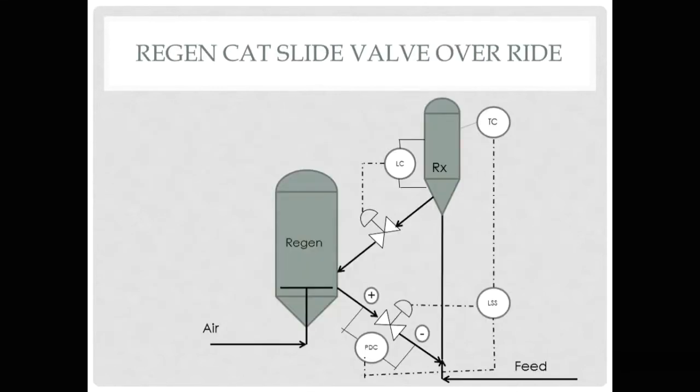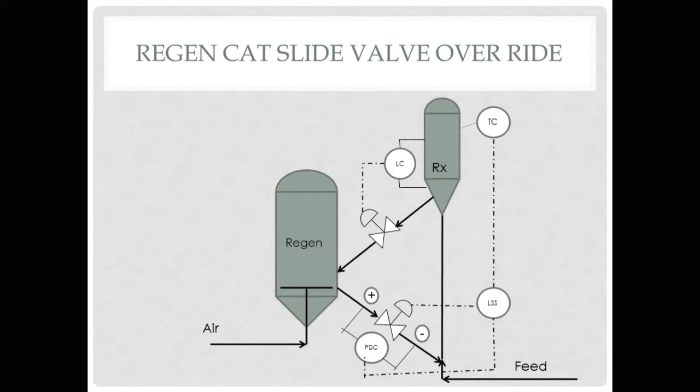This schematic gives the override system for the regen catalyst slide valve. The catalyst flows from the regen into the reactor bottom, so the pressure upstream of the valve will always be higher, and the signal to the valve actually comes from the temperature controller. But before this reaches the valve, there is an instrument called a low signal selector, which gets a signal from the differential pressure controller also.